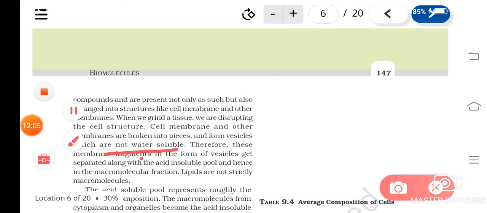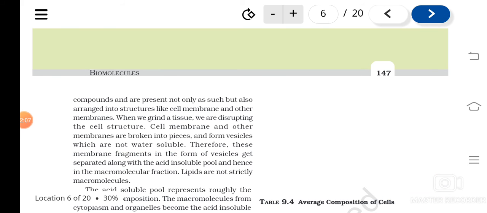That's the reason we get them only in the acid insoluble pool. So by molecular weight we cannot consider them macromolecules, but as they are not soluble in water, they are found only in the acid insoluble pool.